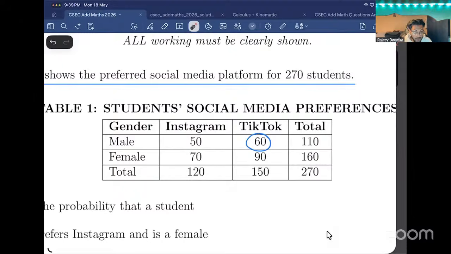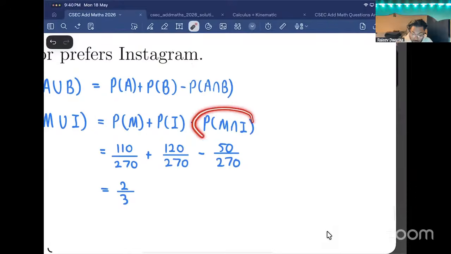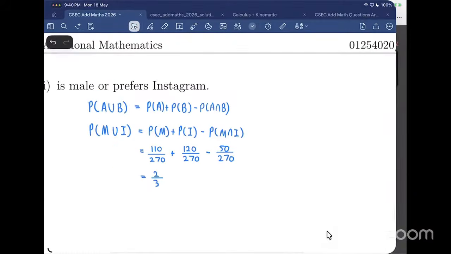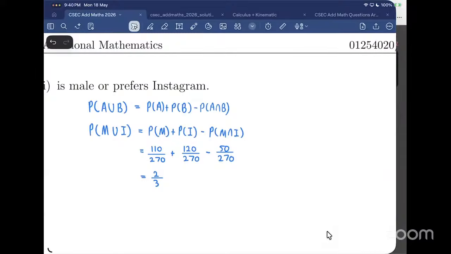I'm just talking about in general. In general, if I'm talking about the whole population, 50 males use Instagram, so it's going to be 50 over 270. If it was conditional probability, then I would cut my sample space, but it's not. So yeah, that's the answer, 2/3.